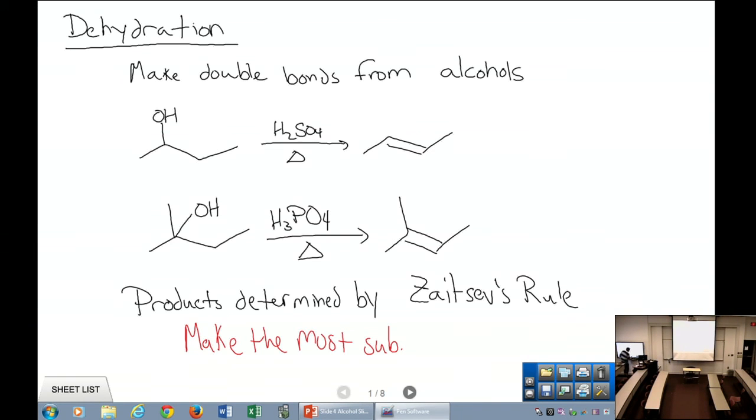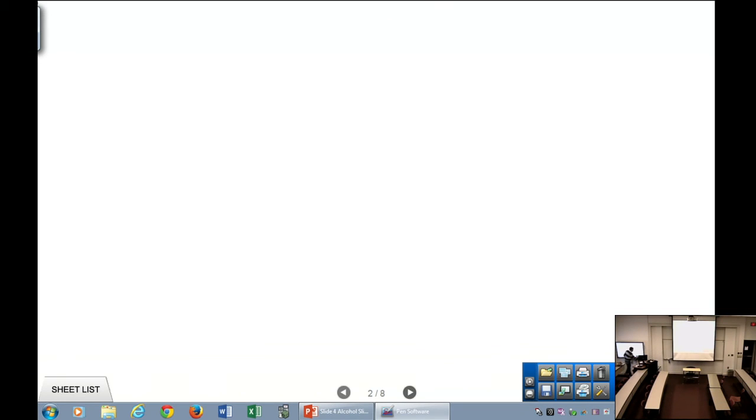So for secondary and tertiary alcohols, these reactions are going to go through an E1 type mechanism. So we have our alcohol, we treat it with H2SO4. I will make it a little bit different. There you go. All right, you will end up with the most substituted double bond.